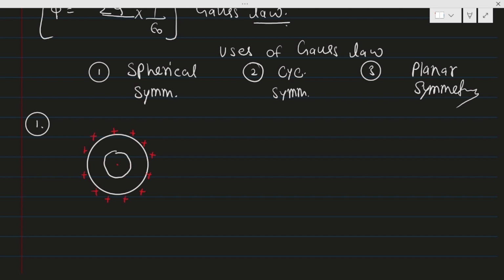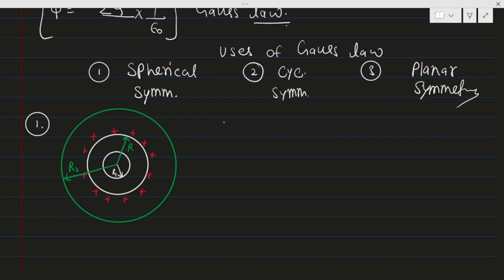Let's say this is R1, and I also want to find the electric field outside this sphere. So the situation is clear. There is a sphere of radius R having charge Q on it, and this is a small R1 radius sphere inside it and a capital R2 radius sphere outside it.